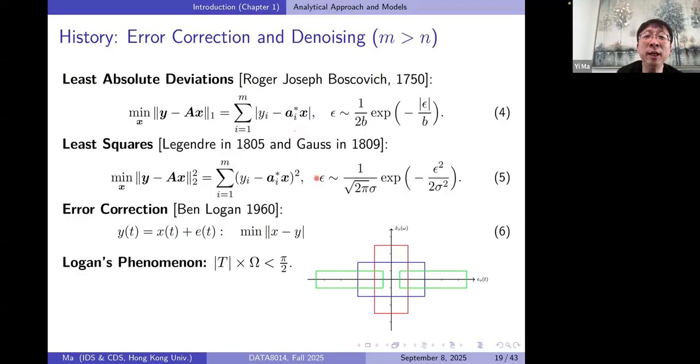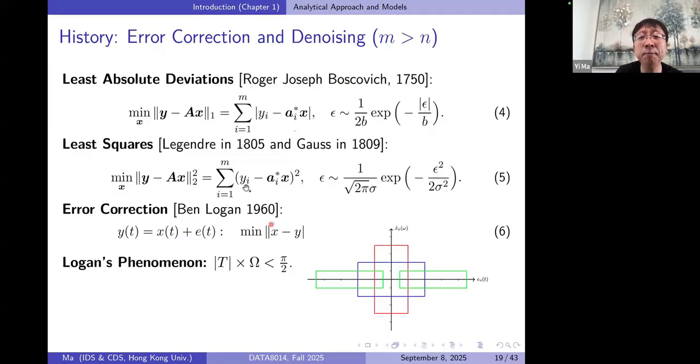You should read Appendix A, the linear algebra chapter of my previous book, because least squares has a closed-form solution. L1 does not; you can only solve it numerically. That's why people have been practicing least squares for 200 years, and nobody cared about L1 minimization until very, very recently.